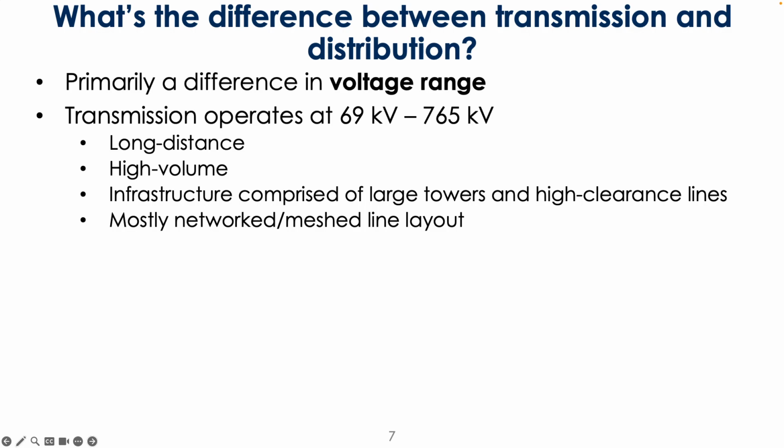We'll talk about why in a second, but these things are meant to transfer electricity very long distances at high volume. And we're going to talk a little bit more specifically about what comprises that transmission infrastructure.